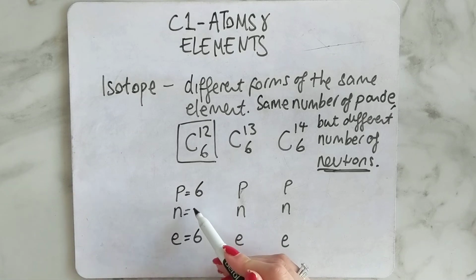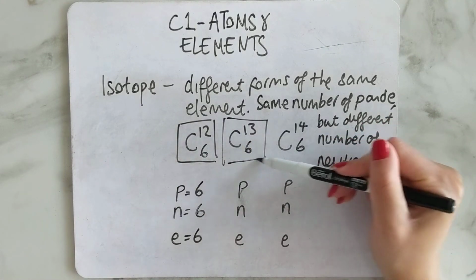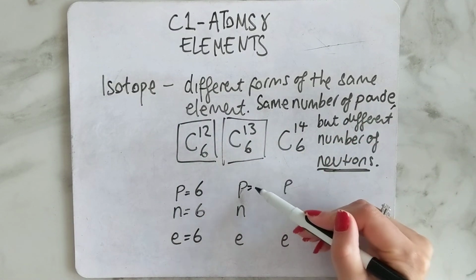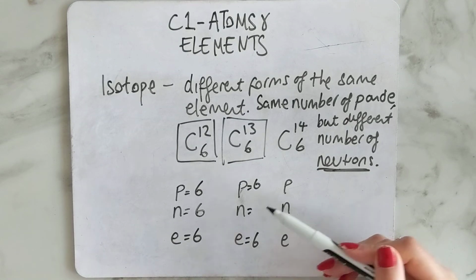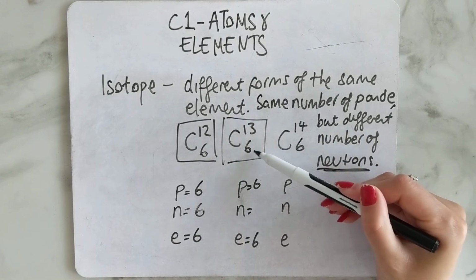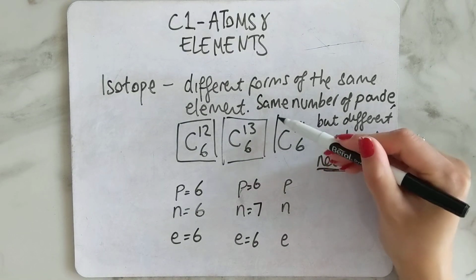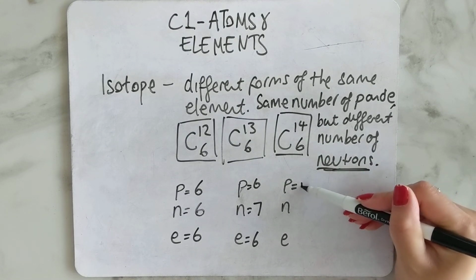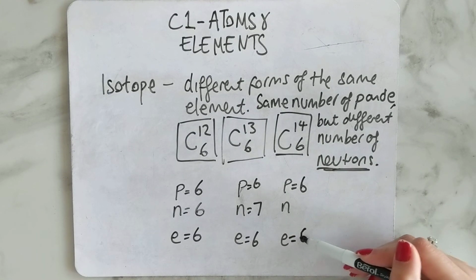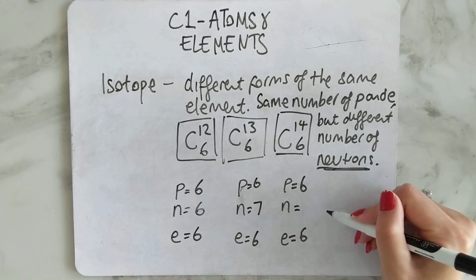It's top minus bottom. So 12 minus 6 is 6. Carbon 13. So protons is 6, it's the atomic number. Electrons is 6, it's the atomic number. Neutrons is mass number minus atomic, so 7. Carbon 14. Bottom number tells us protons, also tells us electrons. Top minus bottom gives us neutrons.